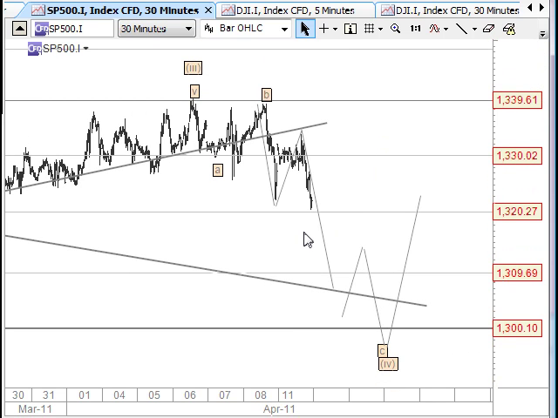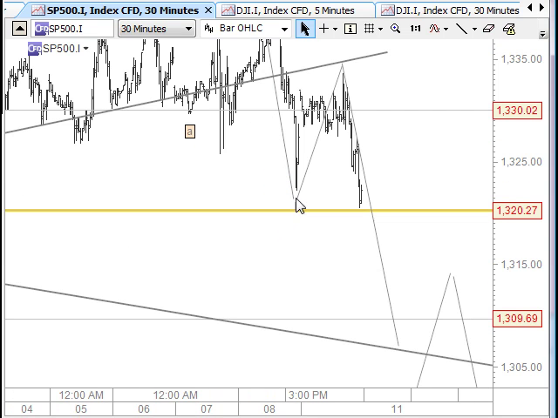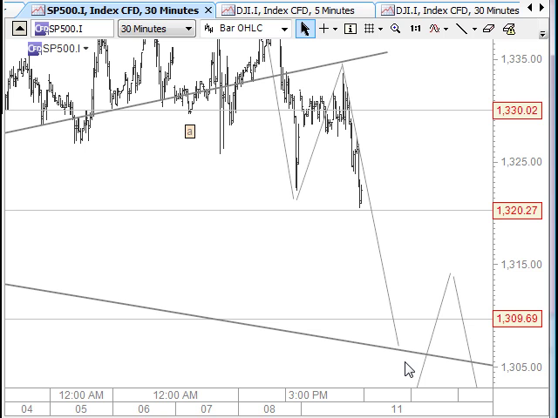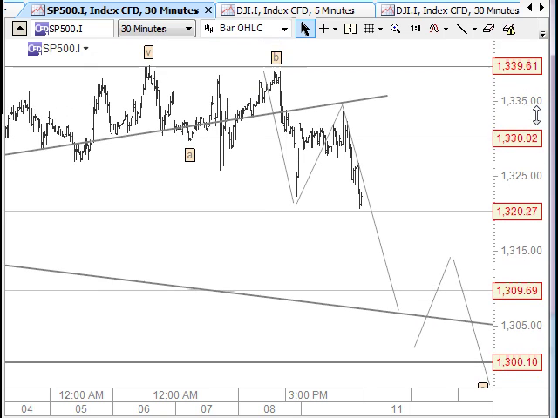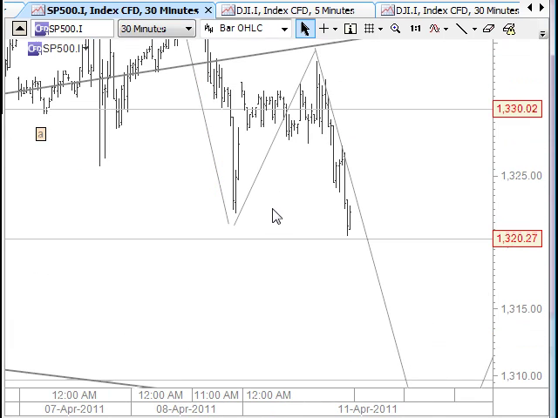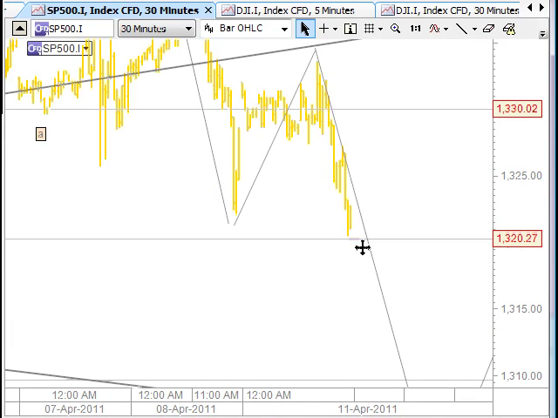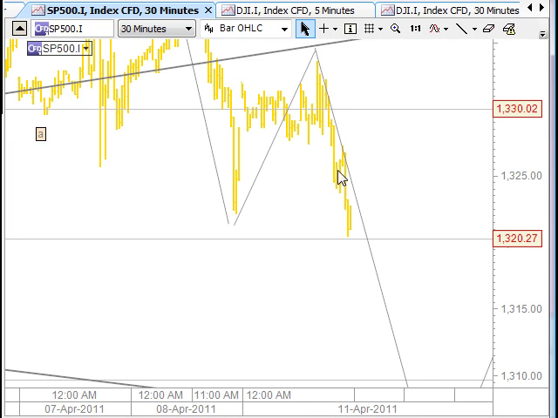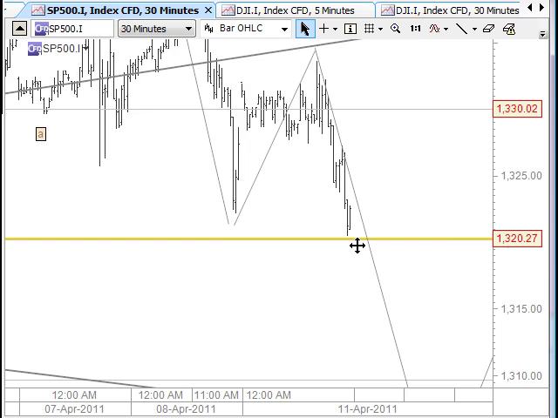So the thinking is that we're looking at 5 waves down: down for one here, back for two here, and then coming in for wave three down through here, and wave three will be of 5 smaller waves. It does appear that we've already got 5 waves down through here: down for one, back for two, down for three, back for four, and down for five here.